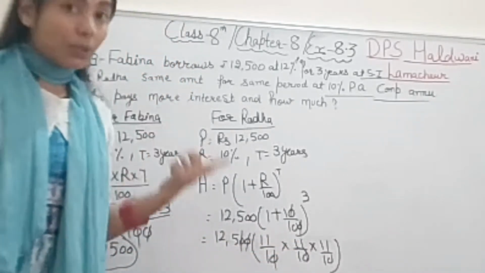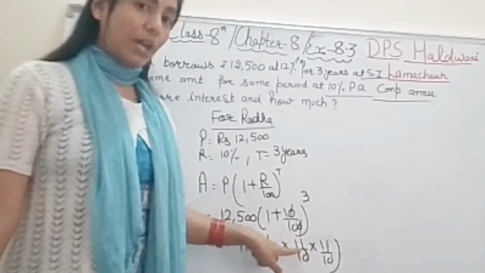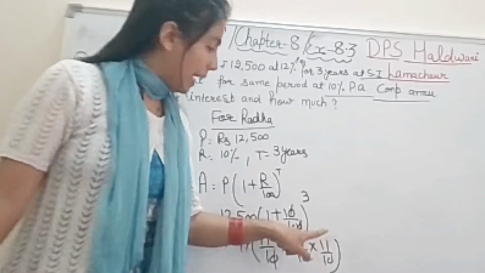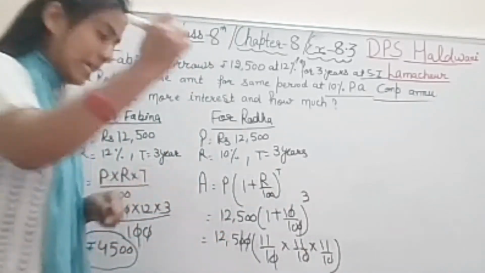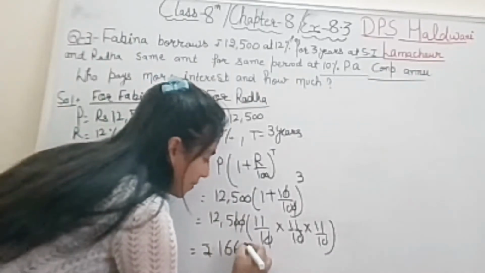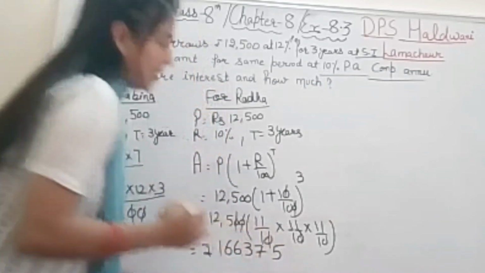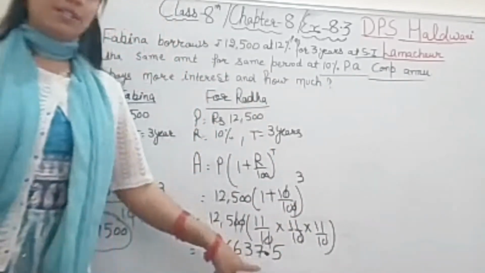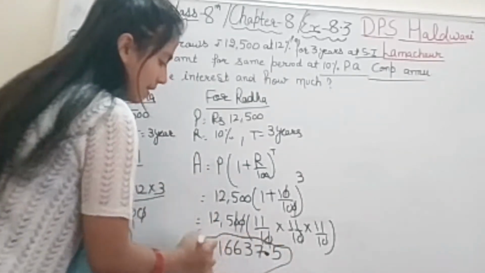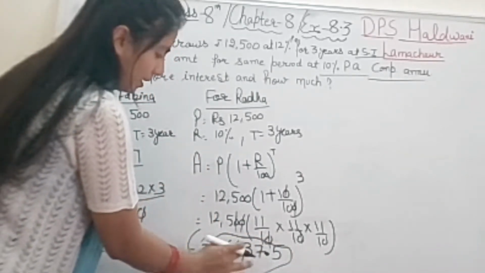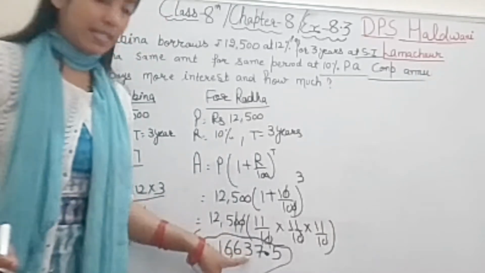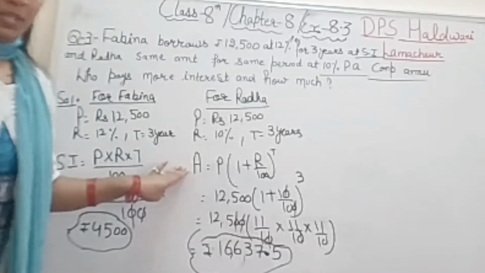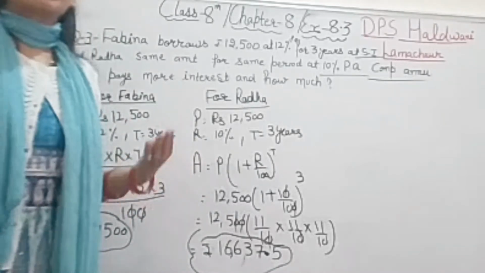Now again calculations. 11 11s are 121, 121 into 11 is 1331, and 1331 into 125 is 166,375. And see, down 10 is there, so after that 1 decimal. So this much rupees is the answer: 16,637.5. So this much is the amount, but you need to take out the interest, compound interest.